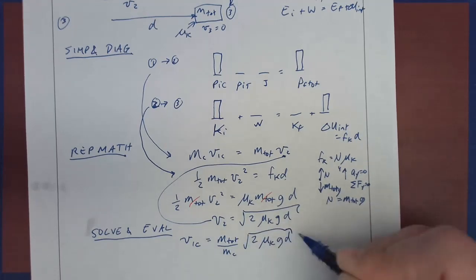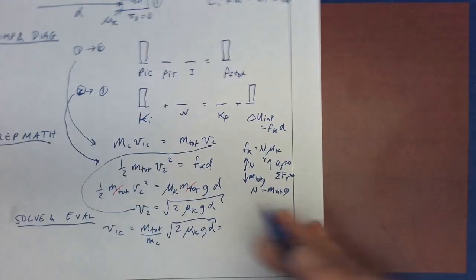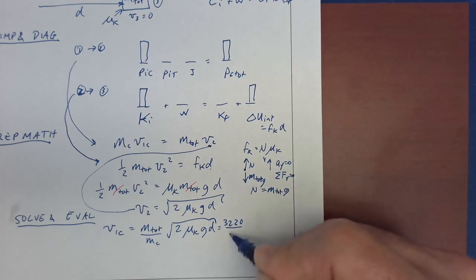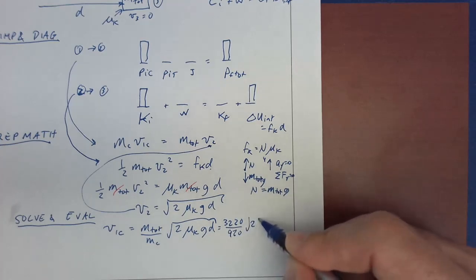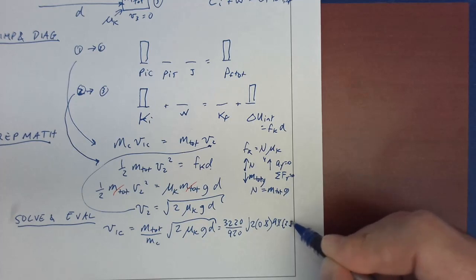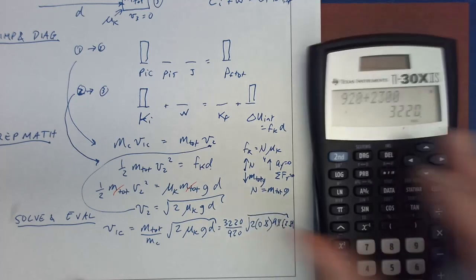And I think we have all these numbers. It's going to be 3220 kilograms for both the objects, 920 for the car, times the square root of 2 times 0.8 times 9.8 times 2.8. Square root all that.